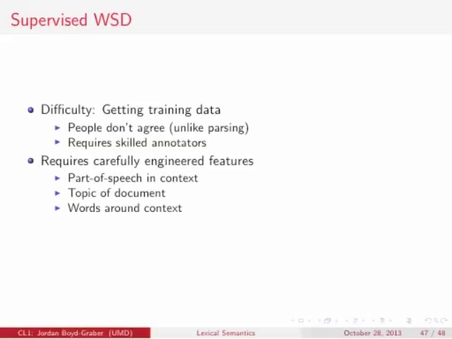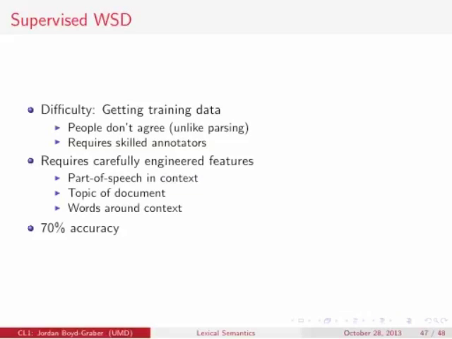Where a lot of the research has come in is in designing features that can help you identify what sense is being used in a particular context. This requires carefully engineering features so that you can figure out which meaning is being used. These include using part-of-speech tags, using what a document is about, and using words around the context.